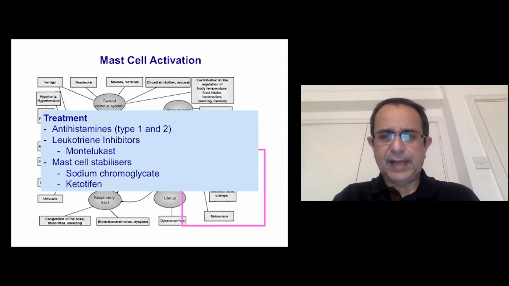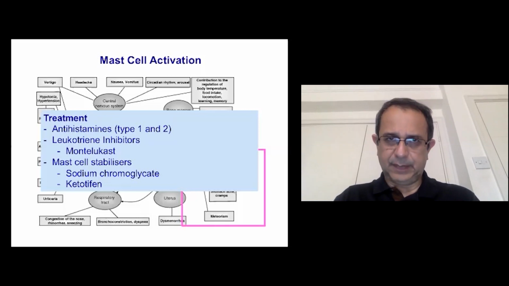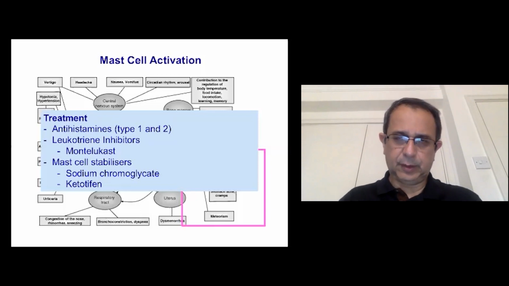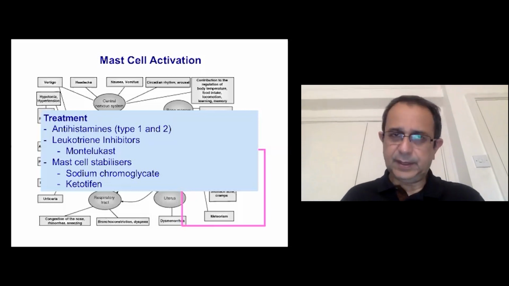Then there are anti-inflammatory medicines like leukotriene inhibitors, like montelukast. They stabilize the immune cells. And then there are mast cell stabilizers, specifically sodium cromoglicate and ketotifen, that we can sometimes use in our patients. Sometimes we have very, very good responses with this approach to treatment.